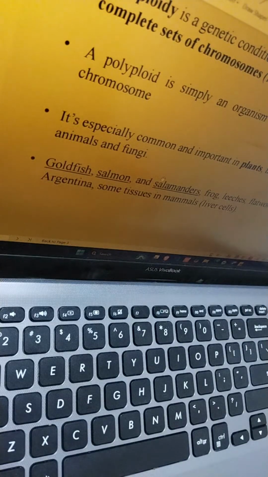Some tissues in mammals, like liver cells, have more than two sets of chromosomes.